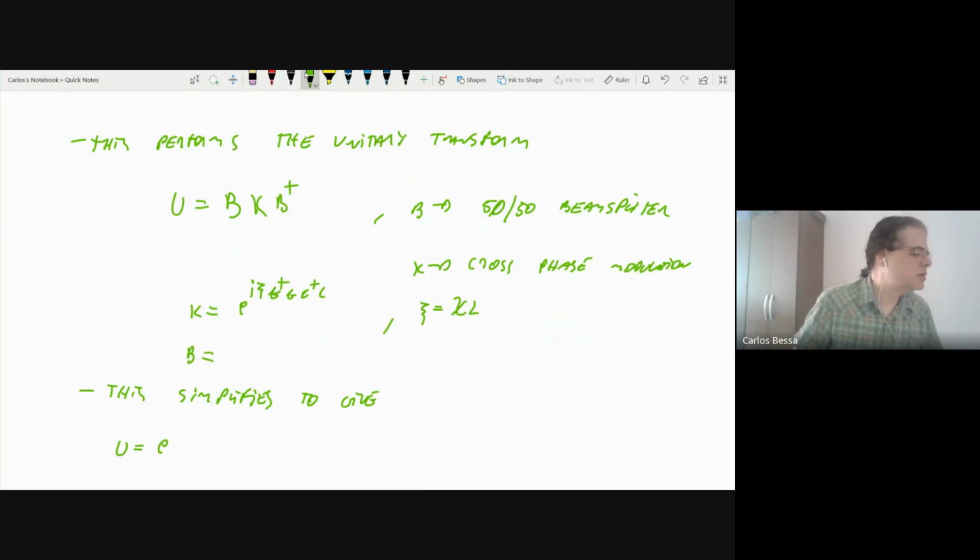V is exponential. Theta is the angle. For a 50-50 beam splitter, theta is pi over 4. Exponential and then get B minus A B.